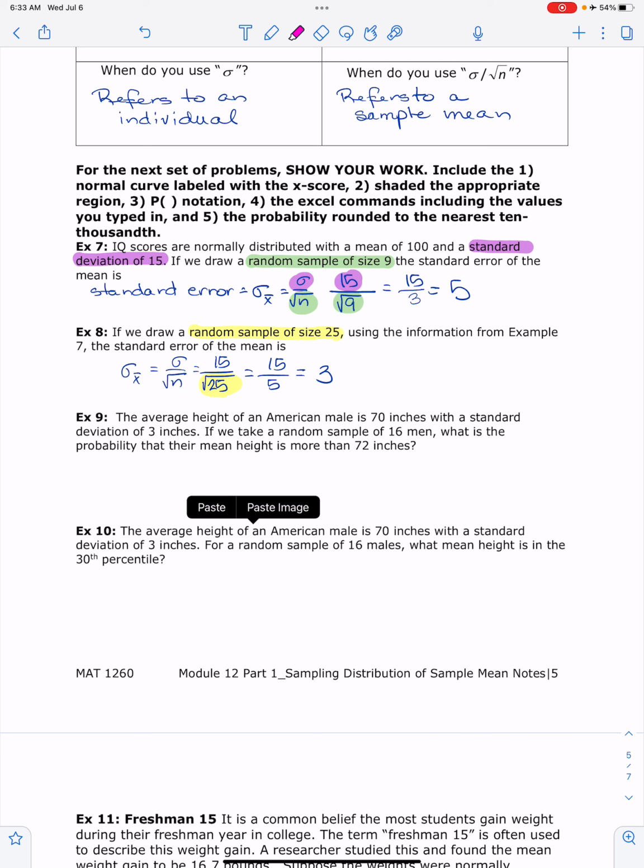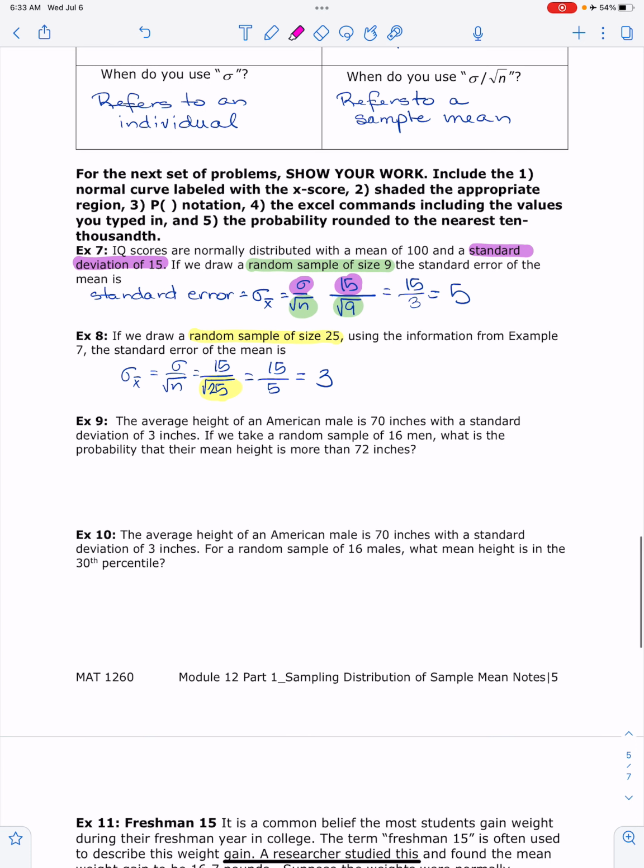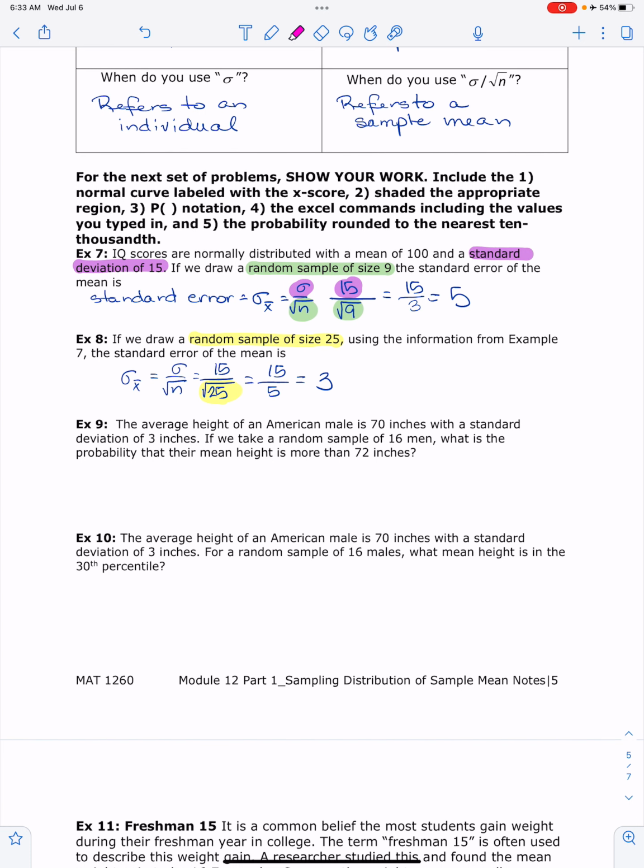So let us start in here with what we have. We have got the population mean is 70 inches. We have the population standard deviation is 3 inches. We have a sample size of 16, and we are checking that the sample mean is more than 72.